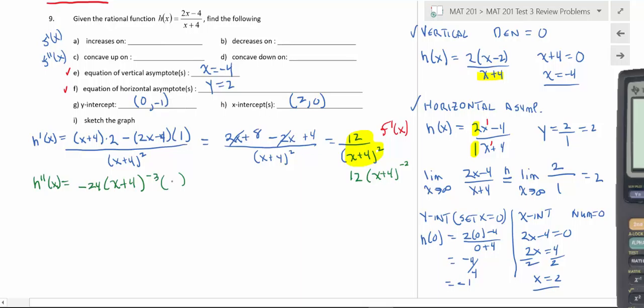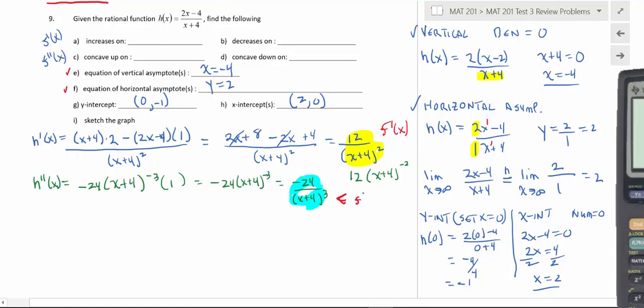The derivative of the inside is 1, so that gives negative 24 (x plus 4) to the negative 3. And then you can write that as negative 24 over (x plus 4) to the third power.